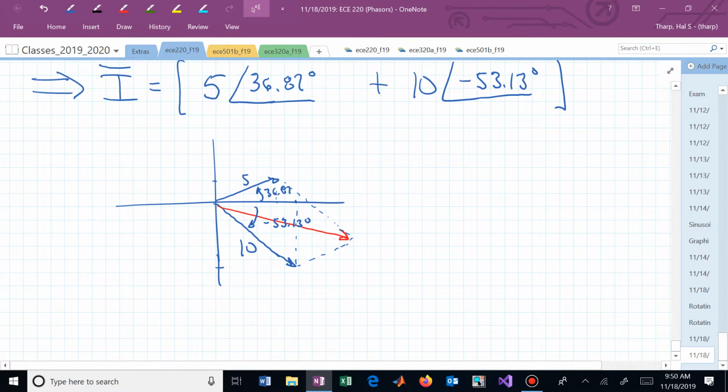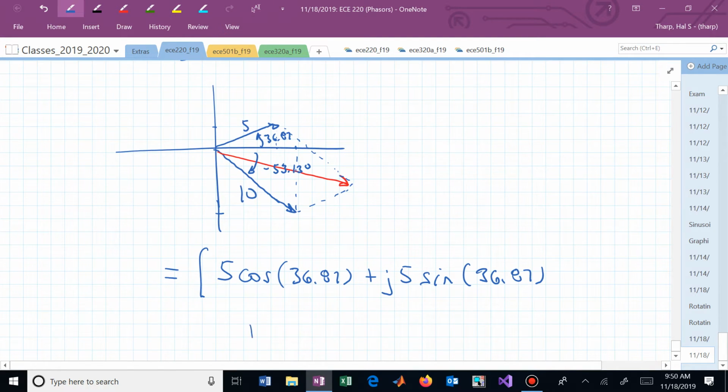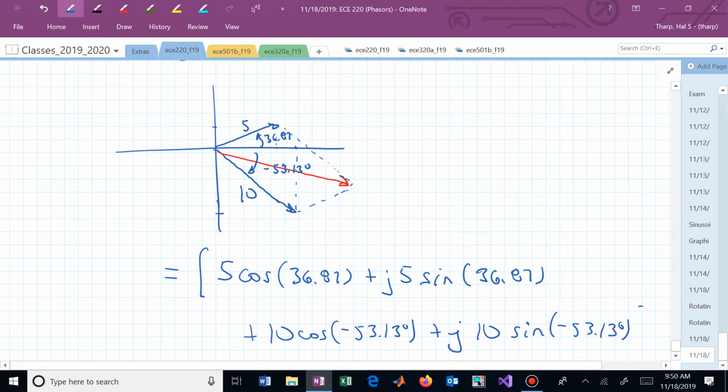If we now do the conversion, we now could say, this is 5. The real part is cosine of 36.87 plus j sine of 36.87, plus 10 cosine of minus 53.13 plus j10 sine of minus 53.13.